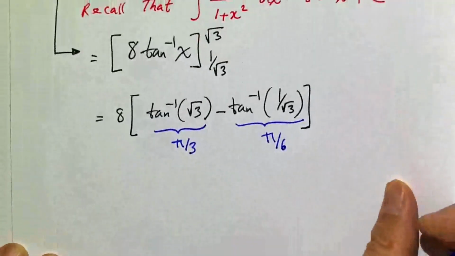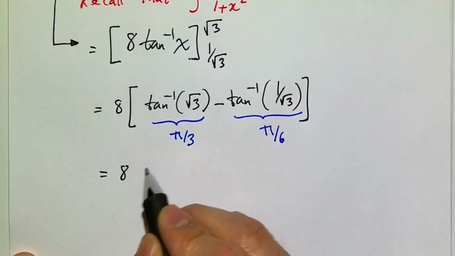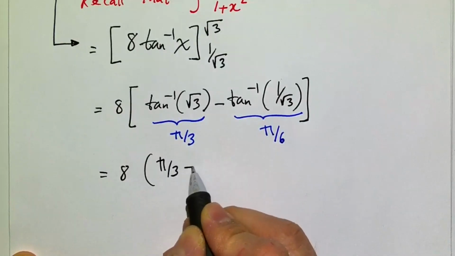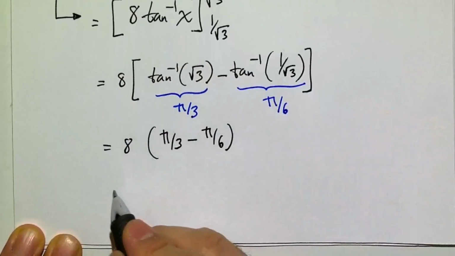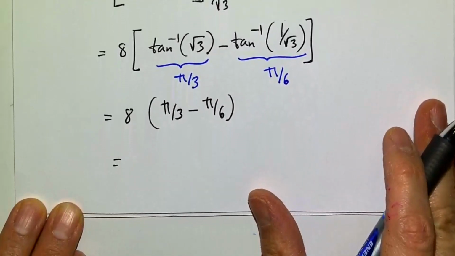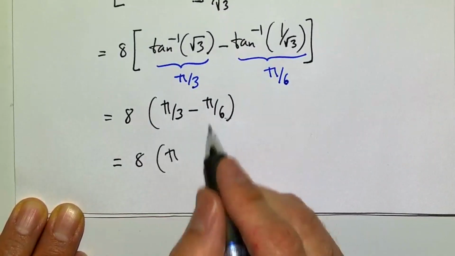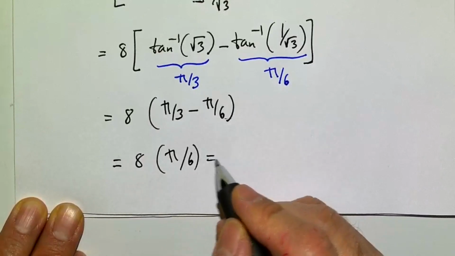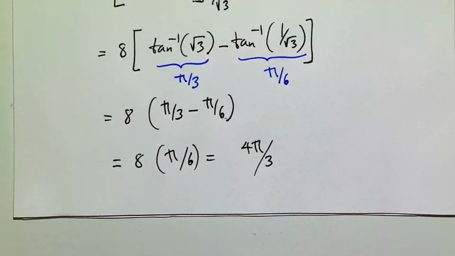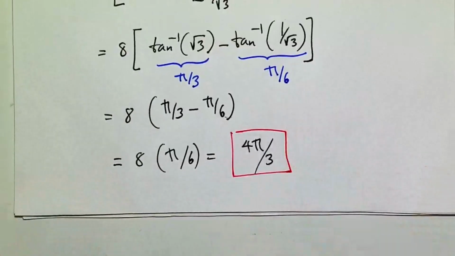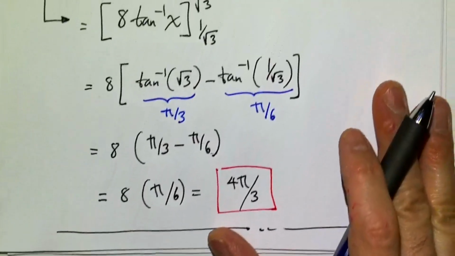So then the result here is 8 times pi over 3 minus pi over 6, or 8 times pi over 6, right? After multiplying and simplifying, we have 4 pi over 3. Like that. Okay.